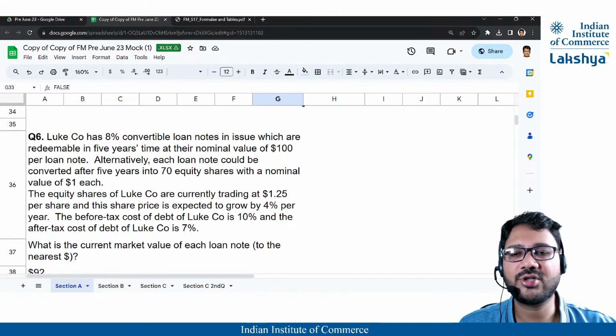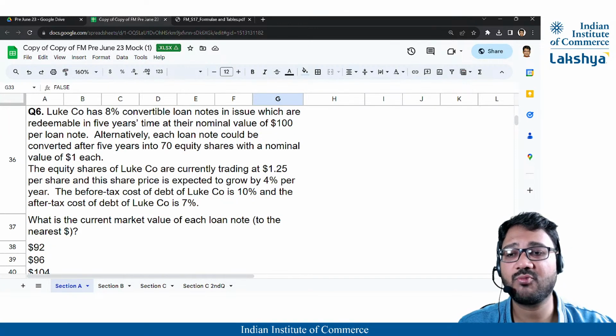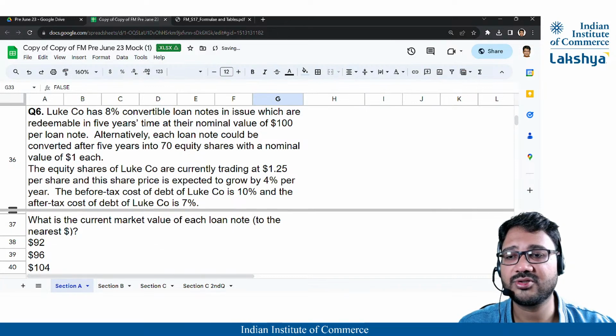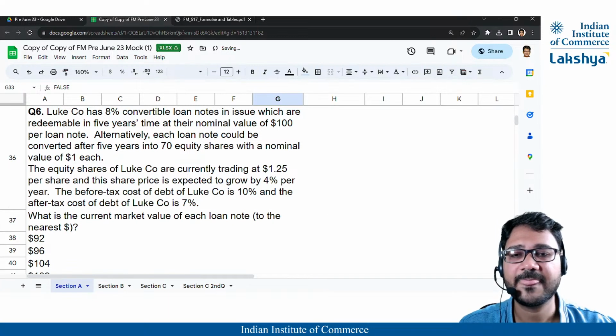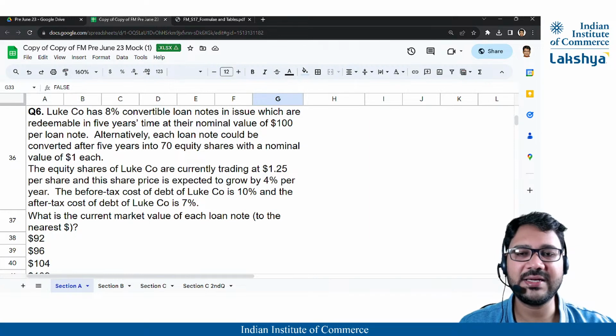The before tax cost of debt for Luke is 10%, and the after tax cost of debt for Luke is 7%. What is the current market value of the loan note rounded to the nearest dollar?